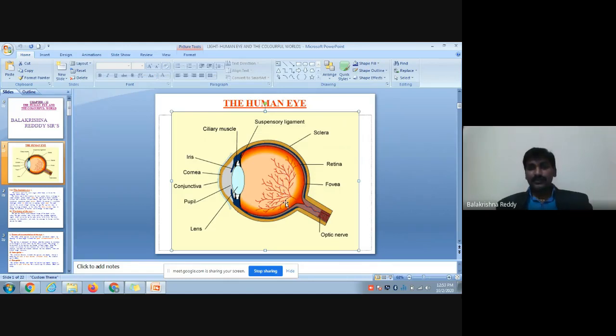These optic nerves identify the image which is falling on the retina and send electric pulses to the brain. Therefore the brain will detect so and so image which is formed on the screen.